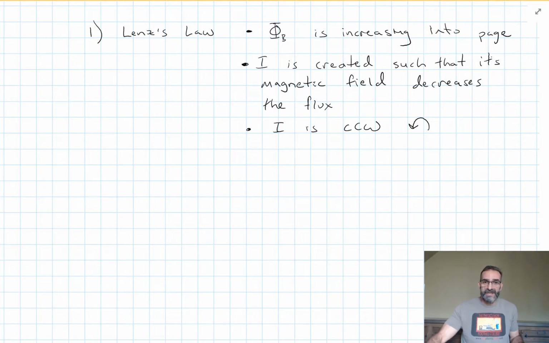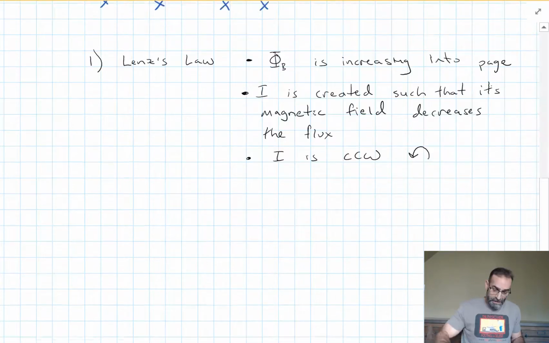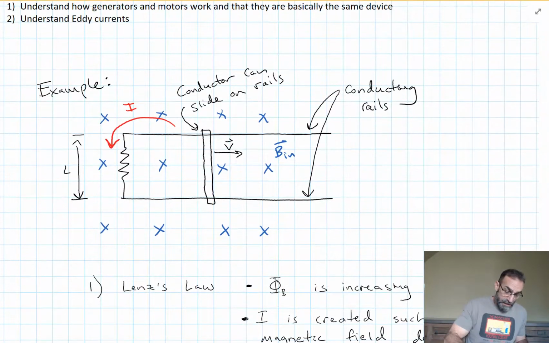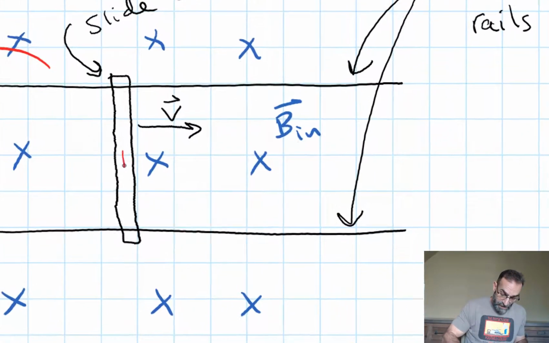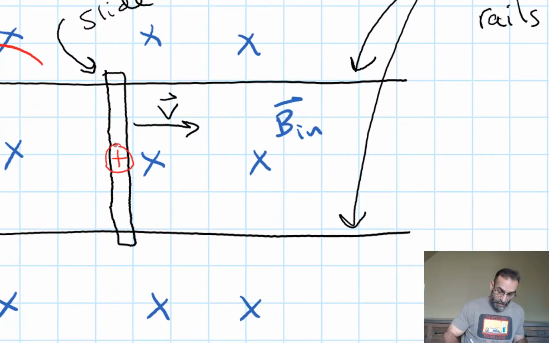Now let's take a look at just forces. Just looking at the forces on the charged particles in the rod as it's moving in the magnetic field. I'm going to make my charge positive. We know that this conductive bar is filled with electrons that are free to move around, but let's pretend there's a positive charge in there that's free to move around, because that's the direction of the current.